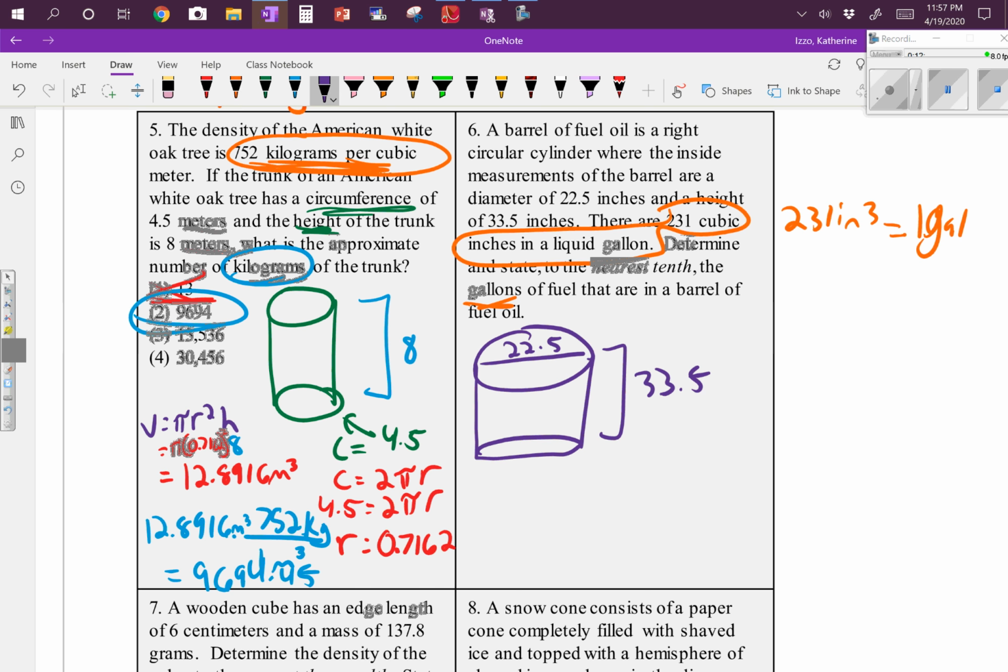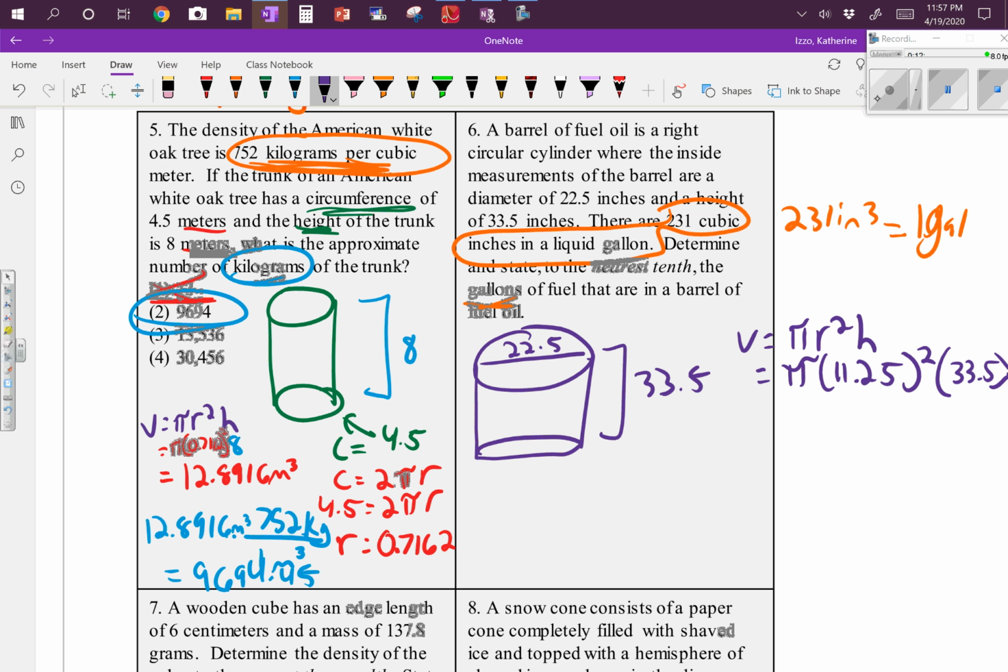So we start with our volume. Volume equals pi r squared h. So pi times 22.5 divided by 2 to get our radius, 11.25, squared, and then h is 33.5.